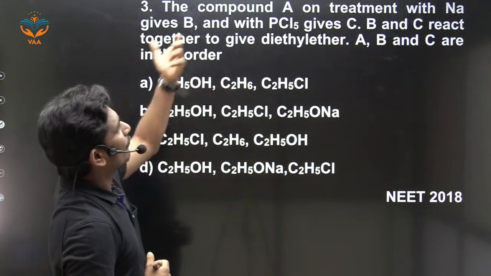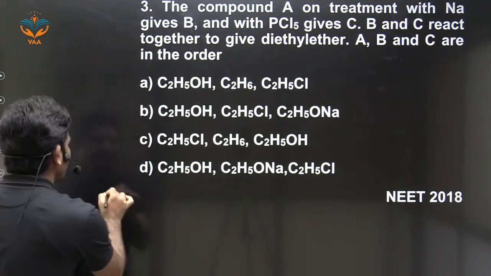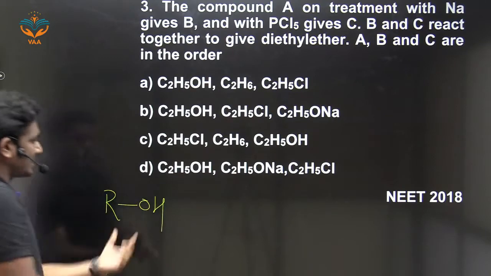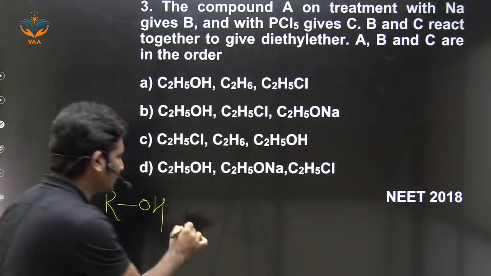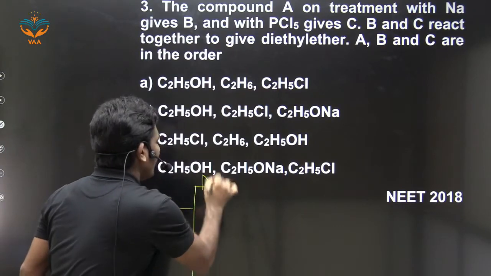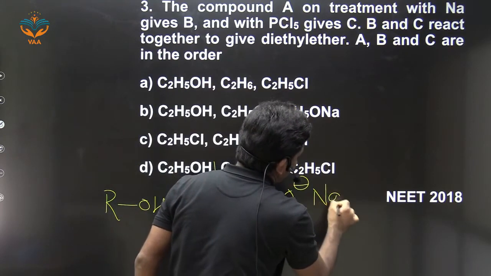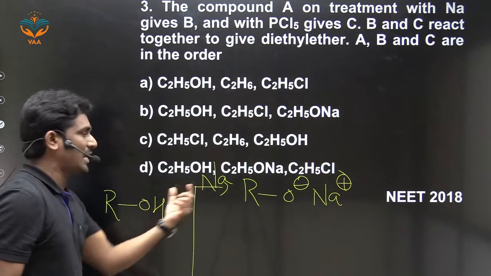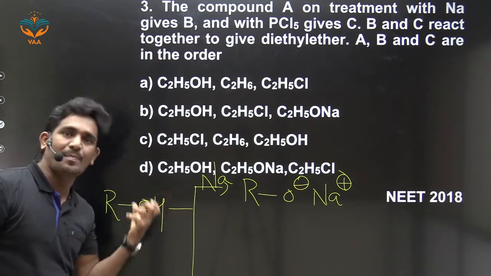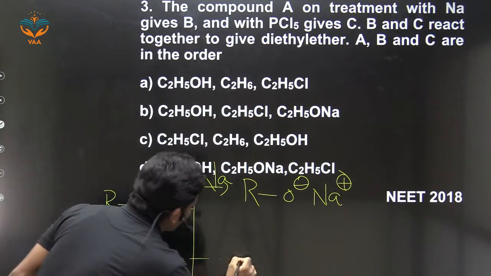The reactant is alcohol. When treated with sodium, it forms alkoxide ion by an acid-metal reaction, since it has some acidic nature.